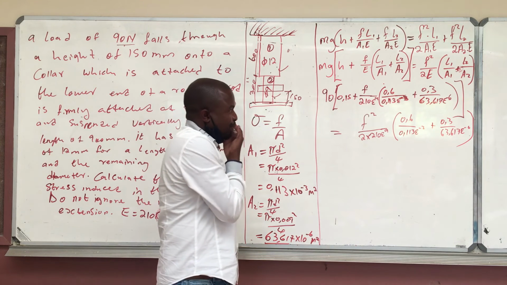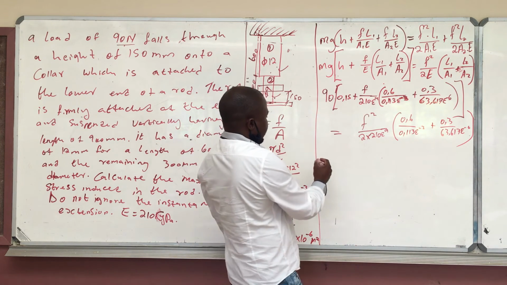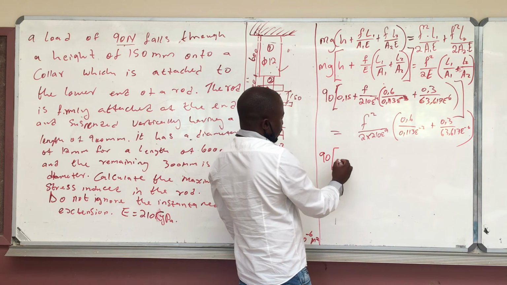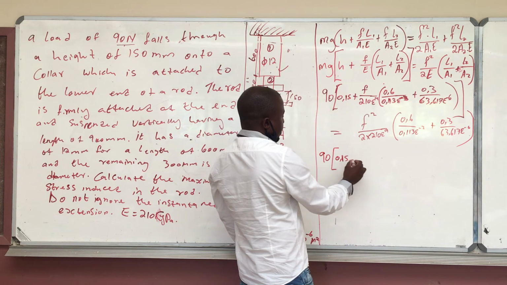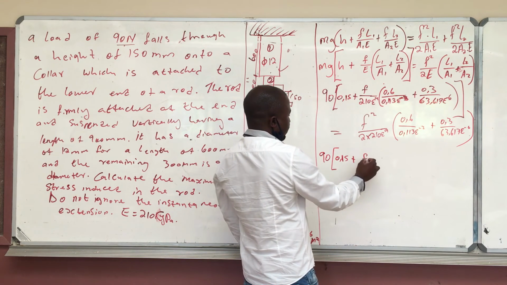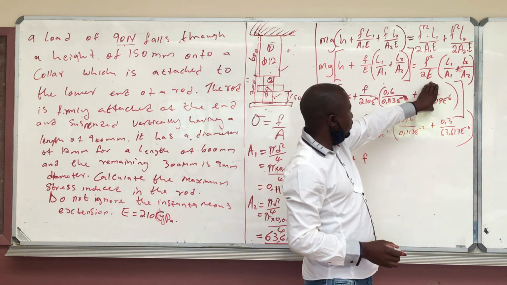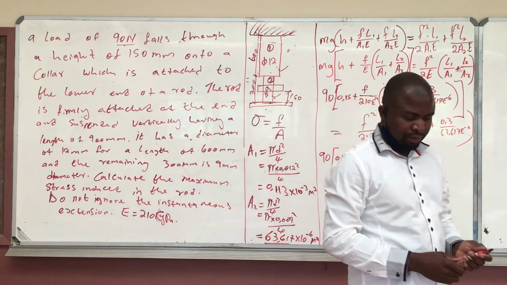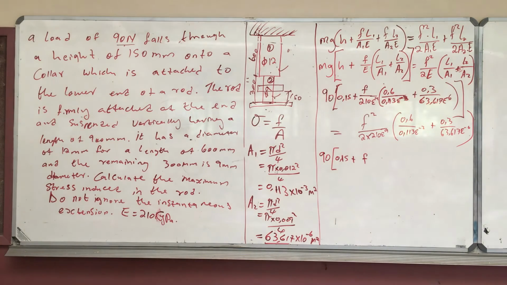Both mass is 90 into 0.15 plus F. When you take this one, you add with this one, you multiply with this one, what do you get? Your calculator can do that one fast and quick. I trust your calculators.